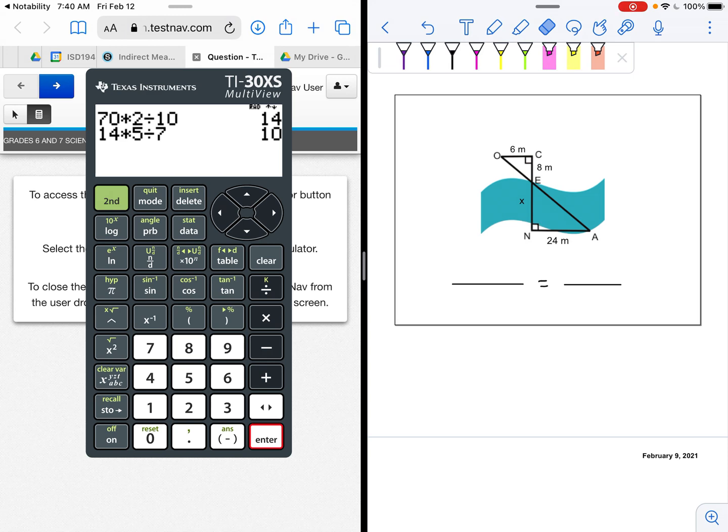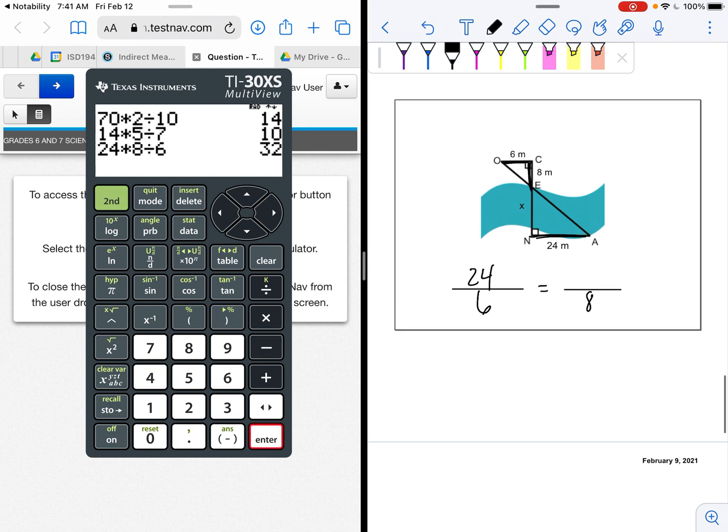The side lengths that I know are the 24 and the 6, so they're going to form my scale. 24 and 6, it doesn't matter which one you put on top, but the 8 has to go across from the 6. So 24 times 8 divided by 6. So my x is 32, and it's going to be meters.